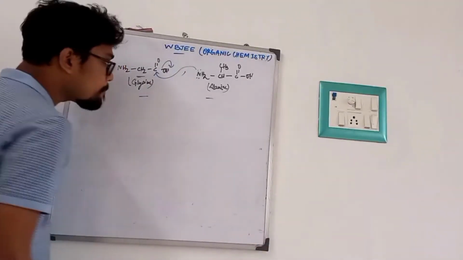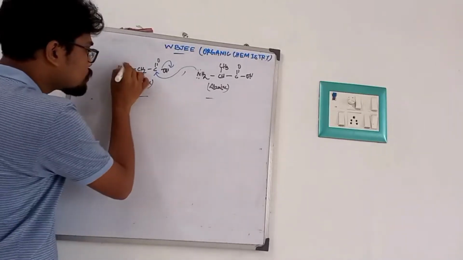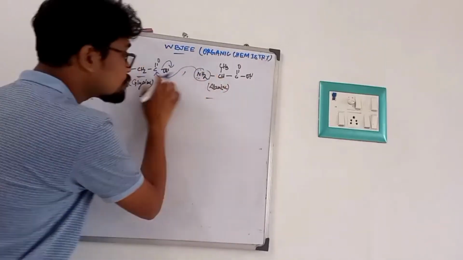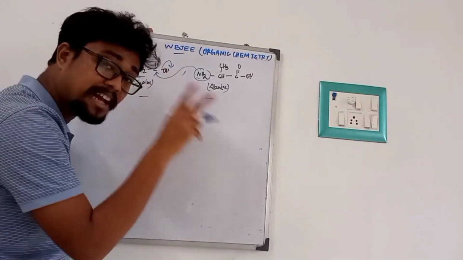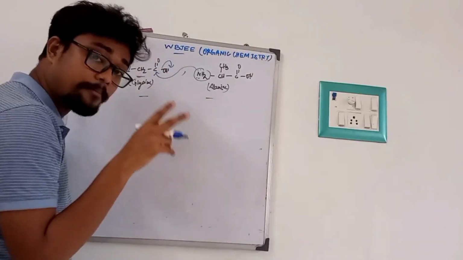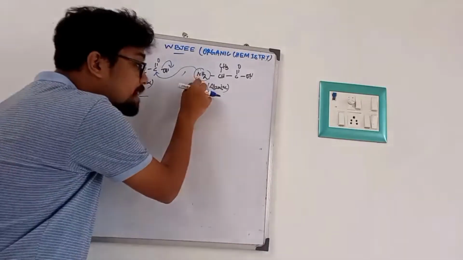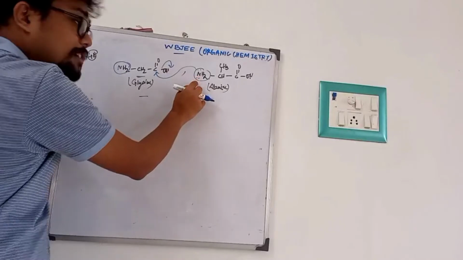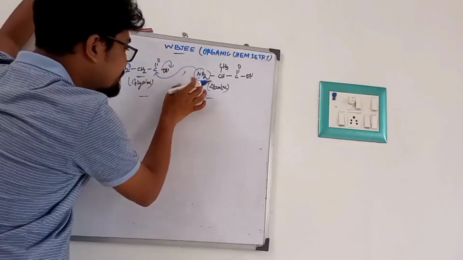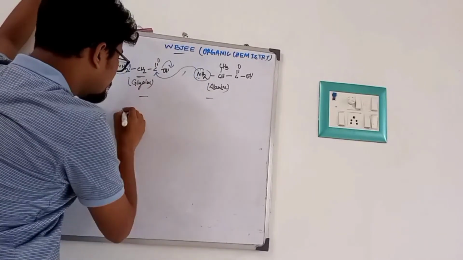Fine. Very carefully, there are two NH2 groups and two CO2H groups. So there are two possibilities of forming a dipeptide. One dipeptide can form from this NH2 group, and the other from this NH2 group. First I will show this one. If this NH2 group attacks, this OH group will leave.